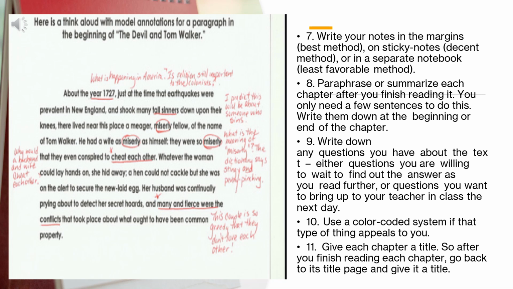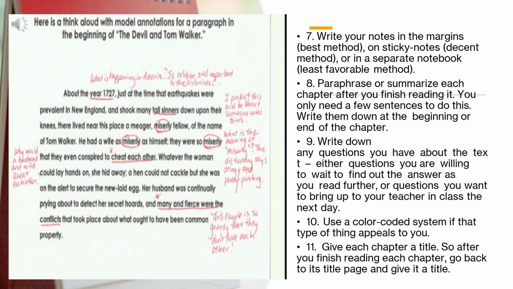Then if you have a pink pen, you use that pink pen on encircling all the settings in the story. So it's up to you. If you're kind of artistic, then it's okay, enjoy yourself making annotations.